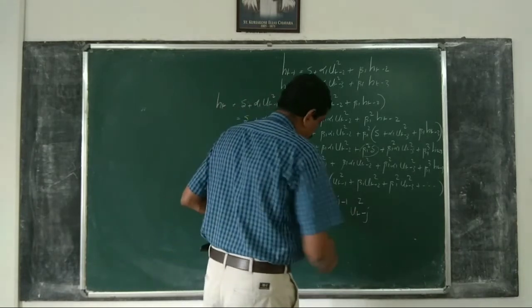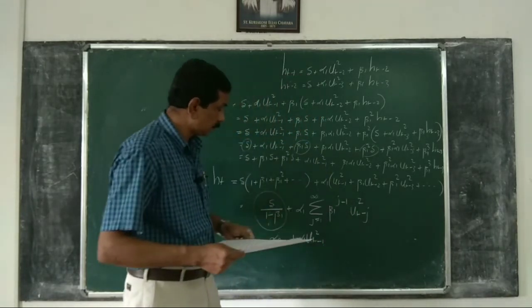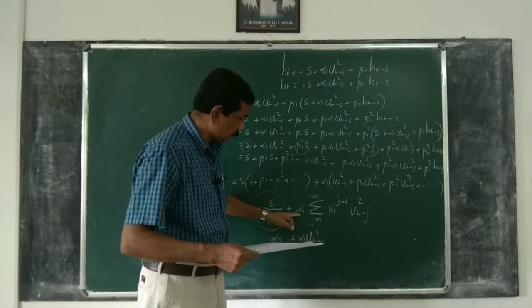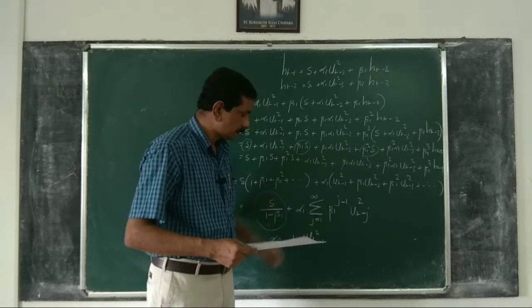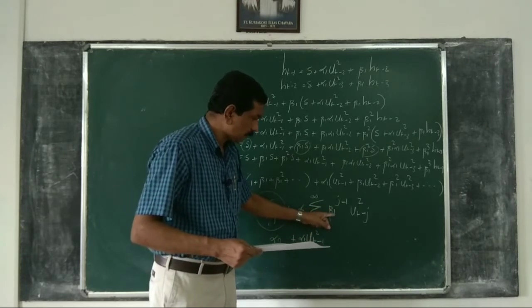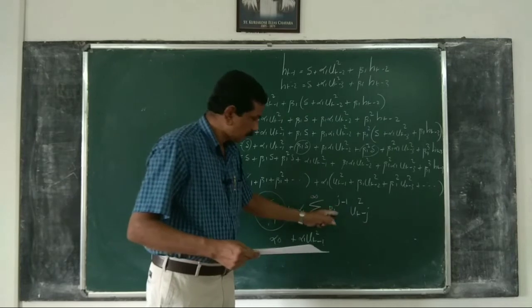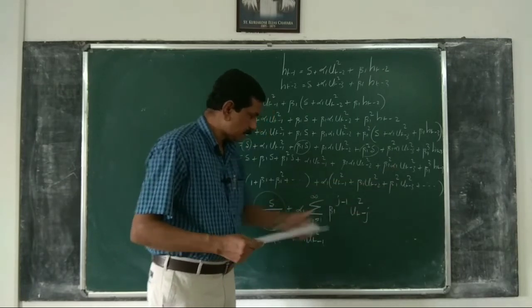If j is equal to 2, it becomes alpha 1 into beta 1, then ut minus 2 square, etc.